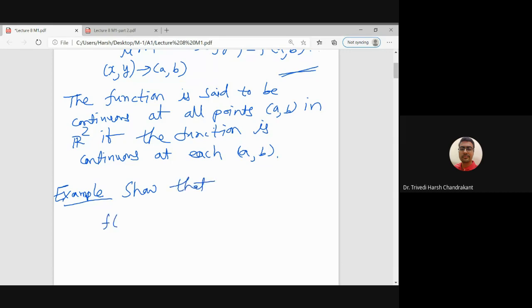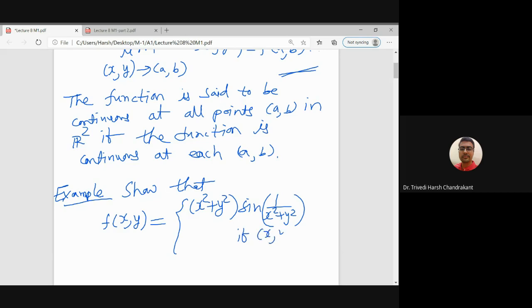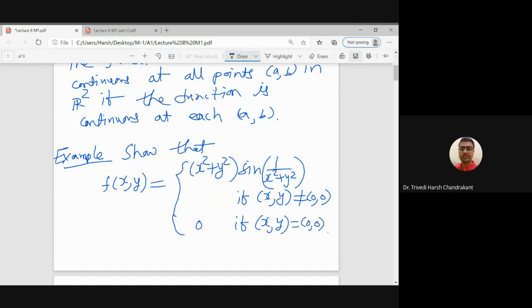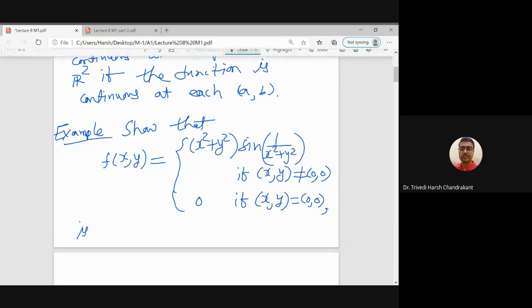Show that the function f(x, y), which is defined as (x square plus y square) times sine of 1 divided by (x square plus y square) if the point (x, y) is not equal to (0, 0), and the value of the function is 0 if our point (x, y) is the origin, is continuous at the point (0, 0).